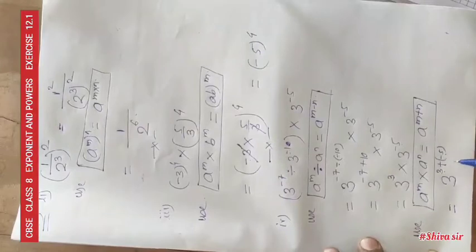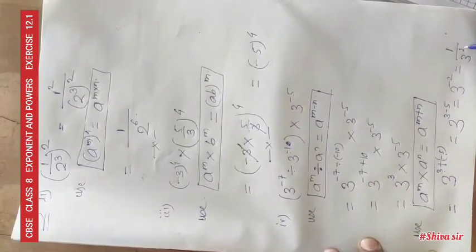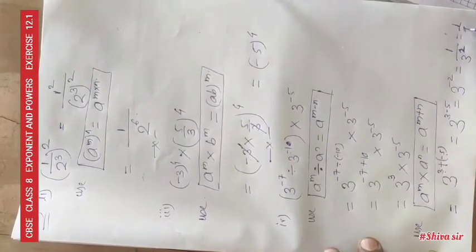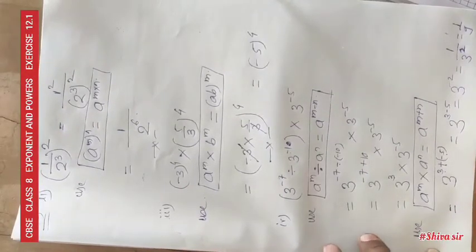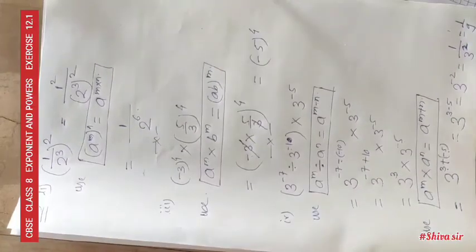Plus as it is, and we make the bracket with the minus 5. So here 3 raised to the power 3 plus minus 5, that means 3 raised to the power minus 2. We also write 1 upon 3 square, simply the multiplicative inverse, and our final answer is 1 upon 9. So this is the final answer.